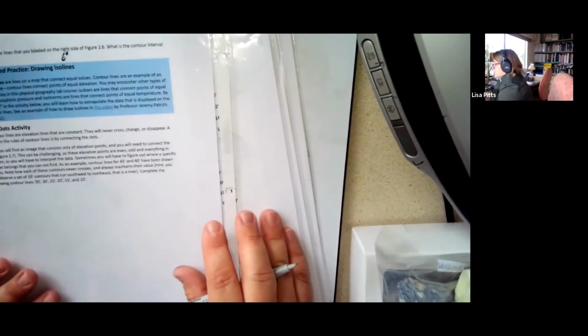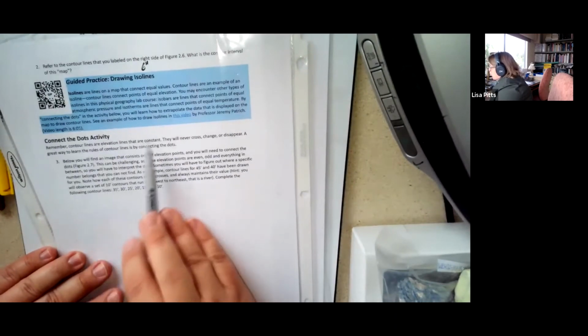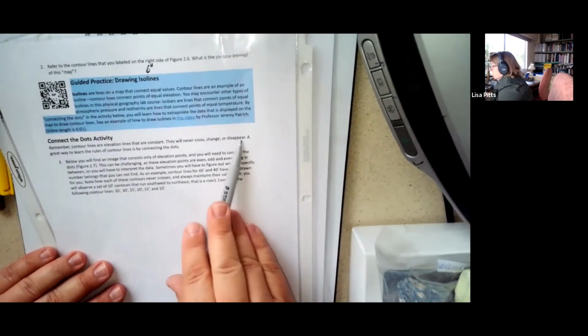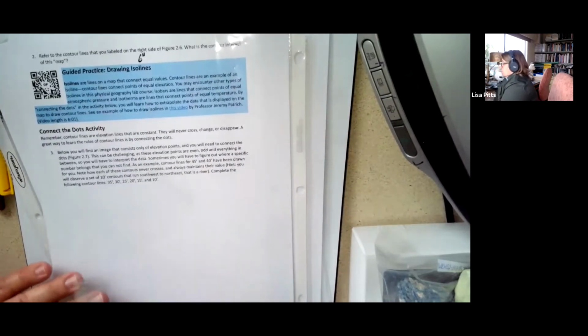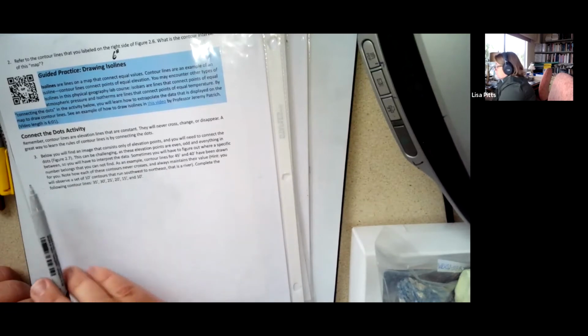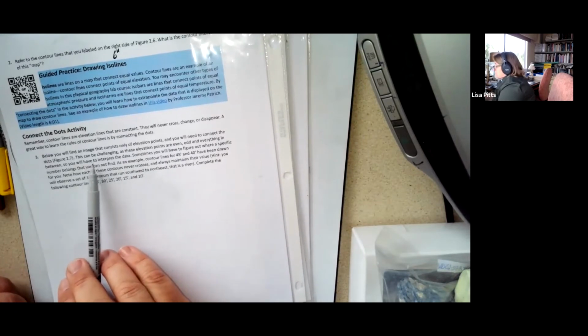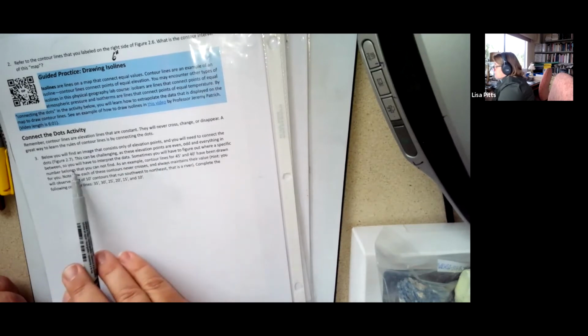All right, so the next thing it wants us to do is a connect-the-dots activity on this map. It says, remember, contour lines are elevation lines that are constant. They will never cross, change, or disappear. A great way to learn the rules of contour lines is by connecting the dots. So we're going to make it kind of fun and easy. Below, you'll find an image that consists only of elevation points, so you'll need to connect the dots. This can be challenging as the elevation points are even, odd, and everything in between, so you have to interpret the data.